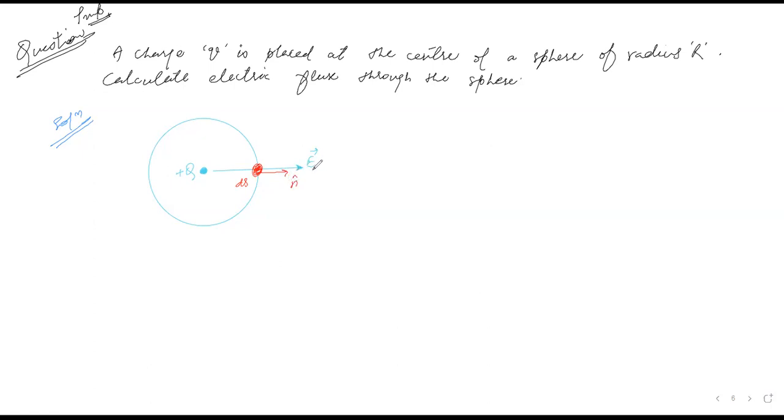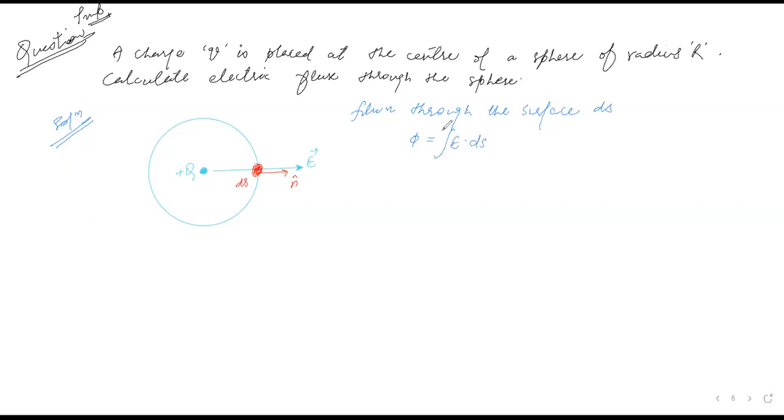The angle between E and the area vector is 0. So first we are going to calculate the flux through this area ds. The flux through the surface ds will be phi is equal to the integration of E dot ds.